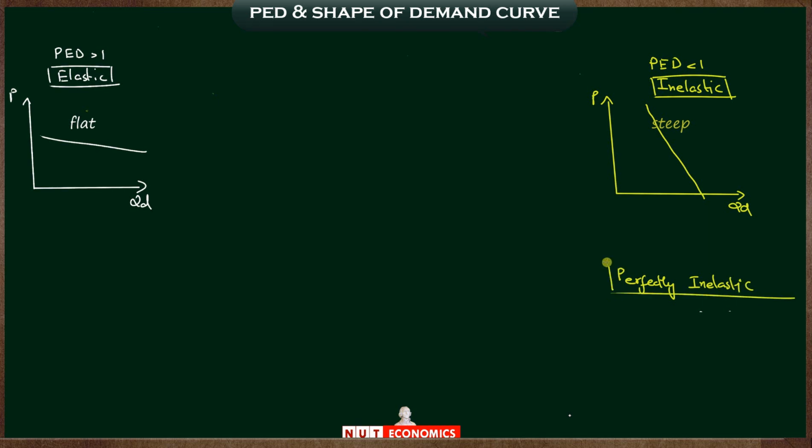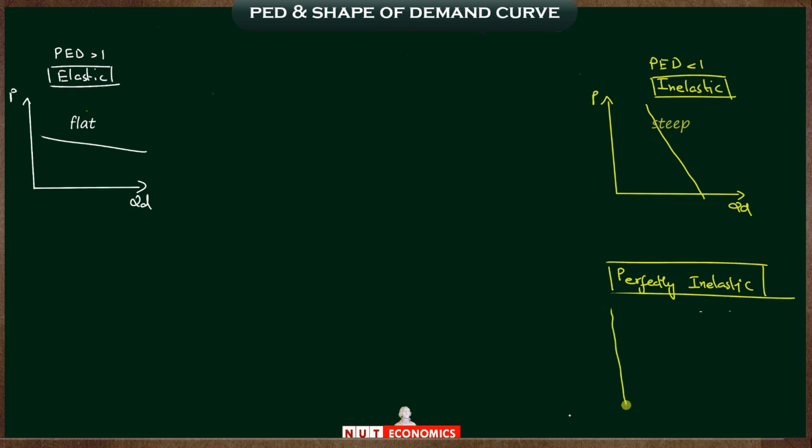Now, what do we mean by perfectly inelastic? If inelastic means not very responsive, then perfectly inelastic means not responsive at all. That is, if a product has perfectly inelastic demand, it means do whatever you want to do with price. Increase it, decrease it by as much as you want, but demand will not respond at all. Quantity demanded is going to be what it is.